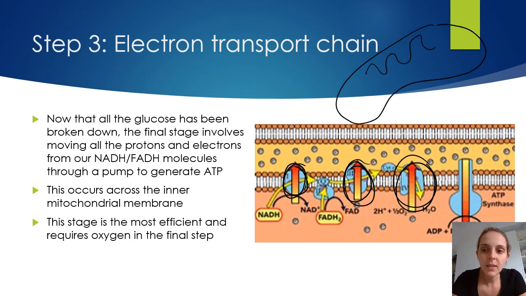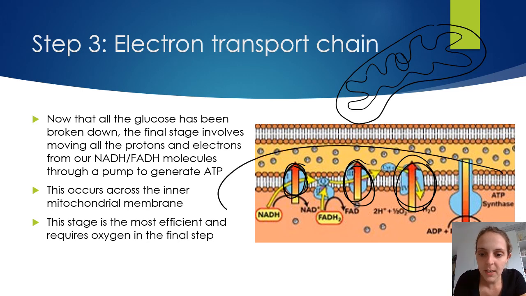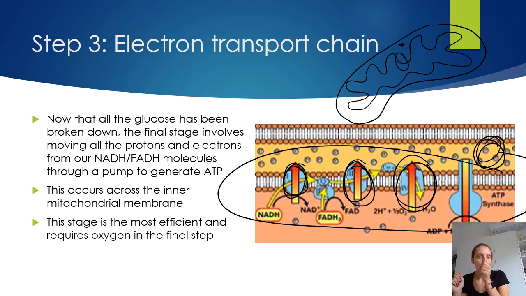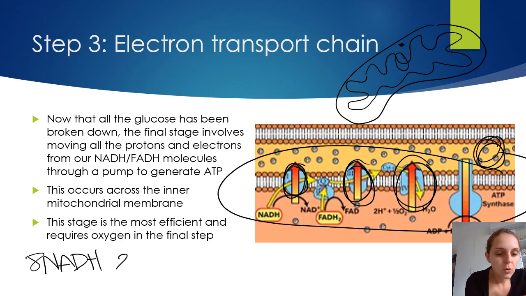The inner membrane is the one with all the folds. If we were to take a chunk out of this, that's the membrane here that we're looking at. This little space in between up here is the gap in between the two membranes, which we call the intermembrane space. Now what happens in this stage is we've got our 8 NADHs and our 2 FADH2s.